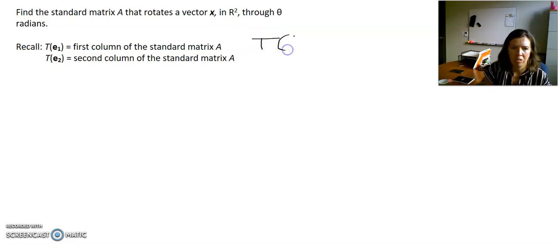Let's say this is a transformation from R2 to R2. So the first unit vector looks like this: you have 0 in every entry except the first entry. And so if we're trying to find the standard matrix A, then T of E1 should be equal to A times this vector, 1, 0.